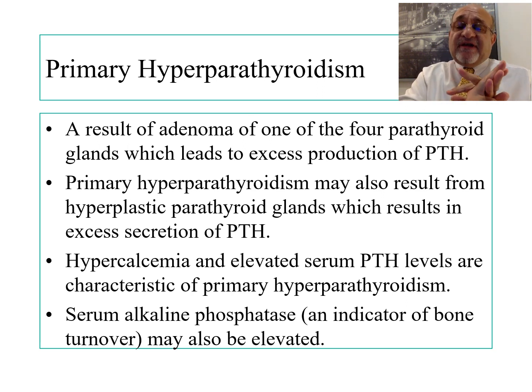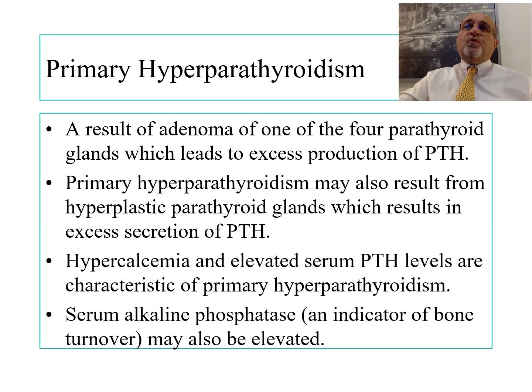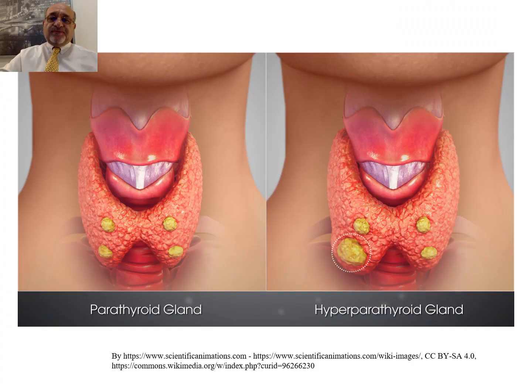Hypercalcemia and elevated serum parathyroid hormone are characteristic of primary hyperparathyroidism. Not only do these two increase in the blood, but there is also an increase in the serum alkaline phosphatase, which is an indicator of bone turnover.